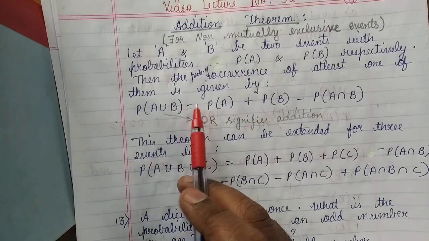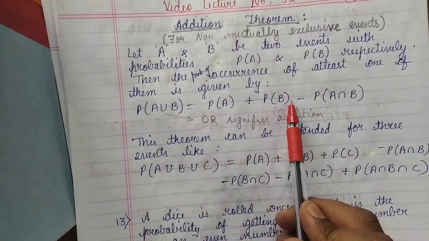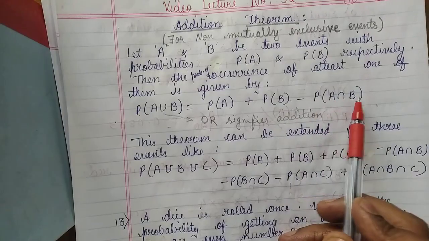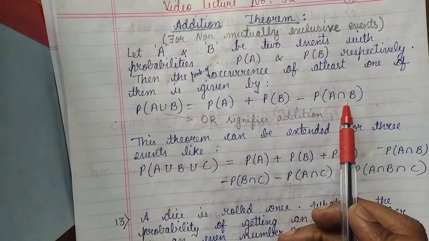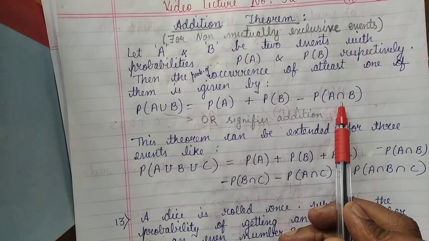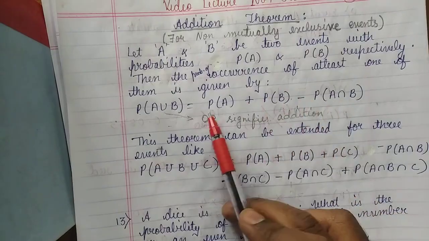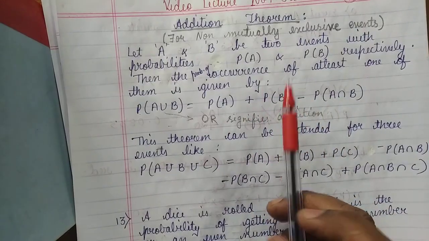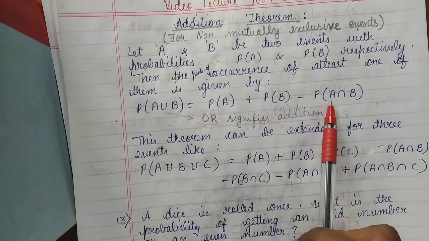It is given by probability of A plus probability of B minus probability of A intersection B. Intersection is the sign of intersection and it is also known as AND. Why does this AND come? Because both can happen at the same time, as these are non-mutually exclusive events. So we subtract this.